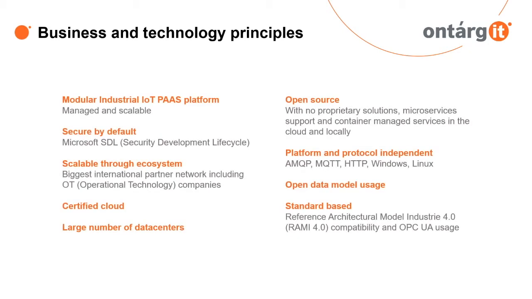That's why Microsoft decided to establish a specific set of business principles and technology principles that an industrial IoT solution built on Azure must comply with in order to minimize the negative impact of the vendor lock-in problem.